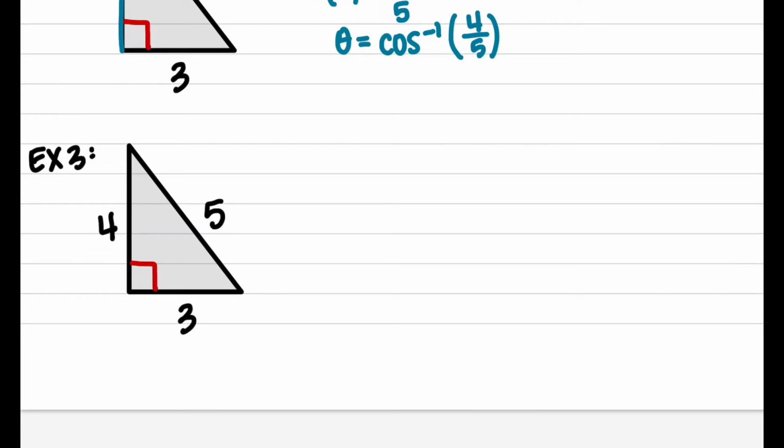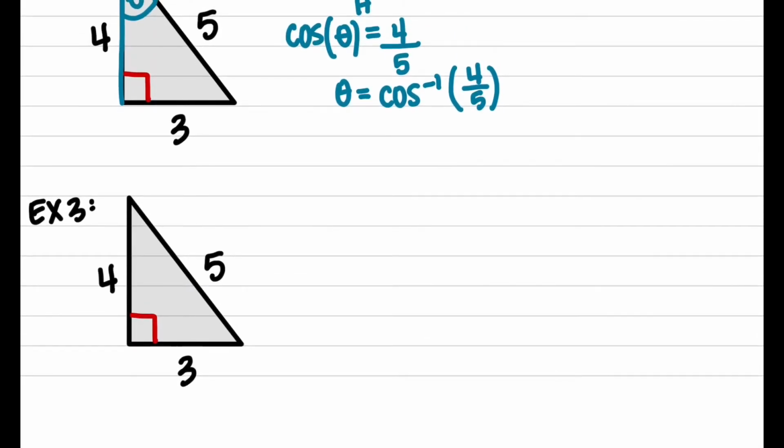Now if we wanted to use the tangent of the marked angle in order to find that measure of the angle, then we would use tangent is equal to opposite over adjacent. So the opposite is 3, the adjacent is 4.